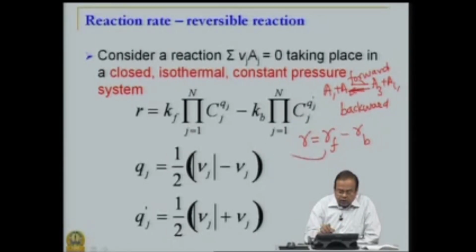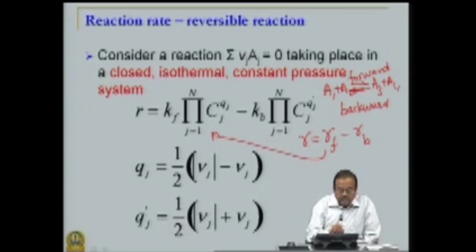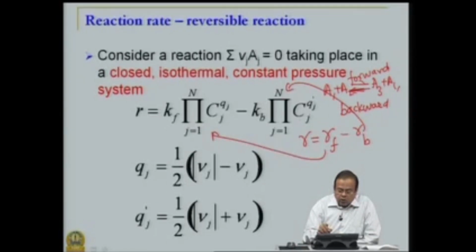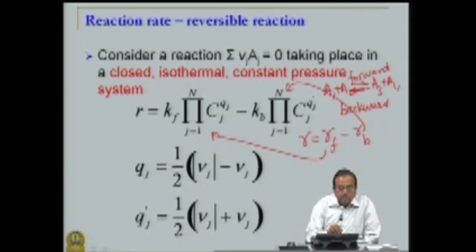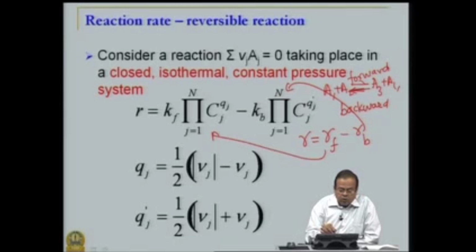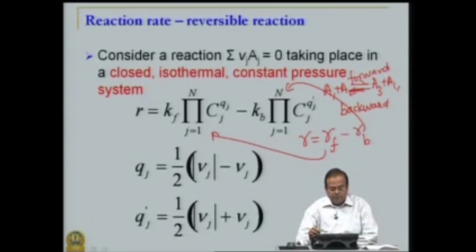For example, if you choose Rf as product of Cj raised to Qj and the forward rate constant Kf, Rb as product of Cj raised to Qj prime, need not be same as Qj, and the rate constant Kb. So, the net rate of reaction is Kf into the product of Cj raised to Qj, minus Kb into the product of Cj raised to Qj prime.